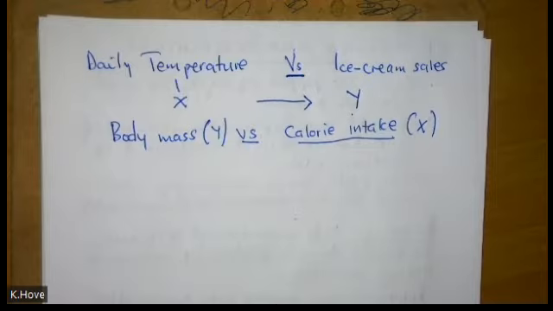So the question is, are you in a position to determine which one is the dependent variable and which one is the independent variable in any given scenario? Right. So we have so many examples. Think of so many variables that you can model.